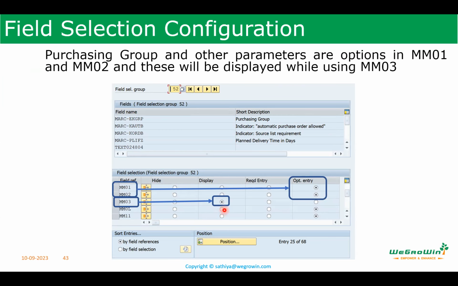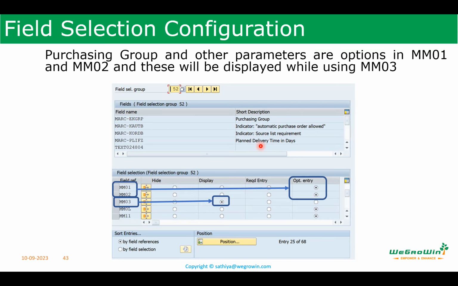But if I want to enter this purchasing group as mandatory, I will come into the system and put it as a required entry. I will come to this transaction and make this a required entry. If I put it as a required entry, when I'm creating the material master, the system will ask me to fill in all these details mandatorily. Without putting this, the system will not allow me to save the material master. This is where the mandatory field is coming from.